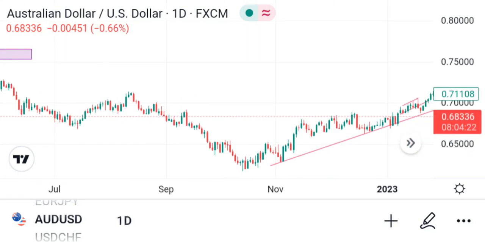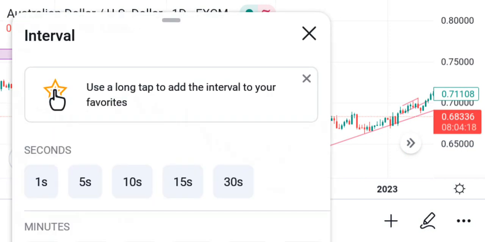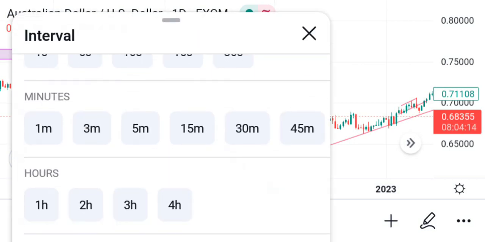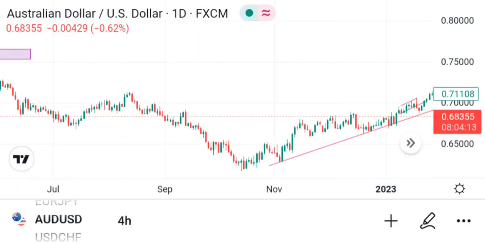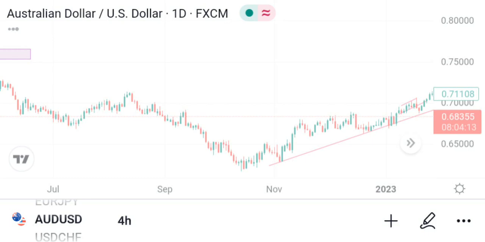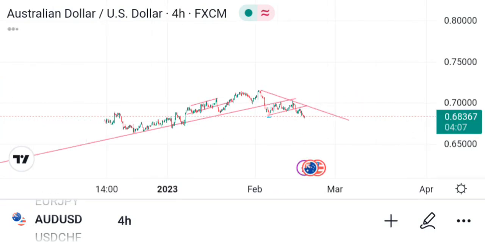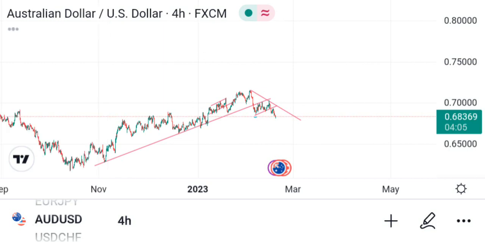And let's move down to 4 hours. What this means is it took 4 hours for each of these candles to be formed.